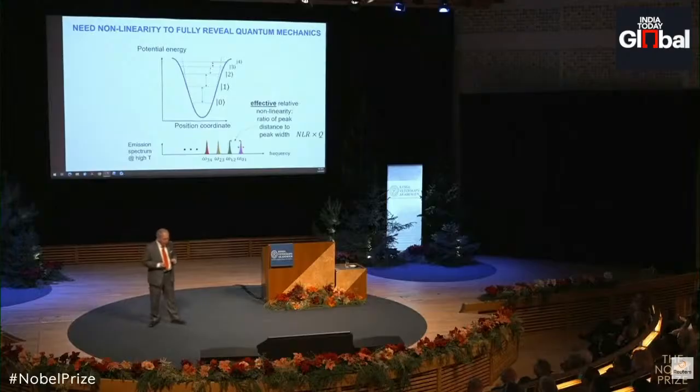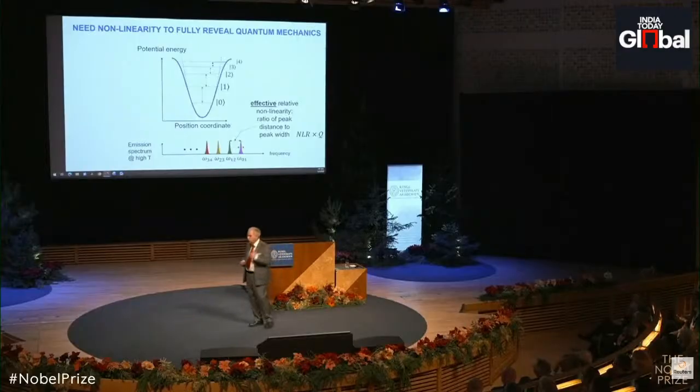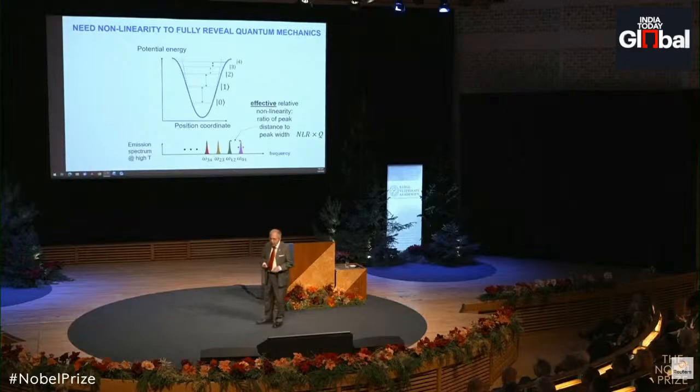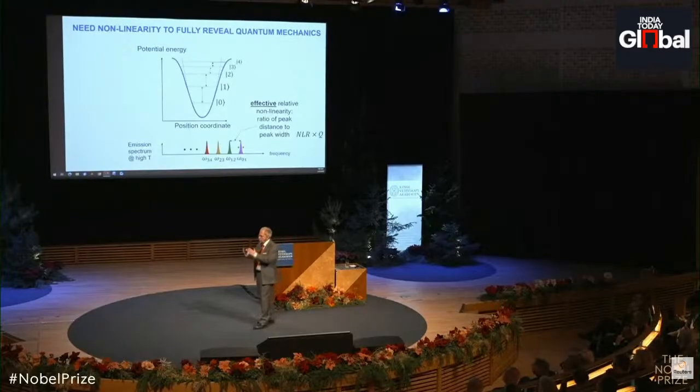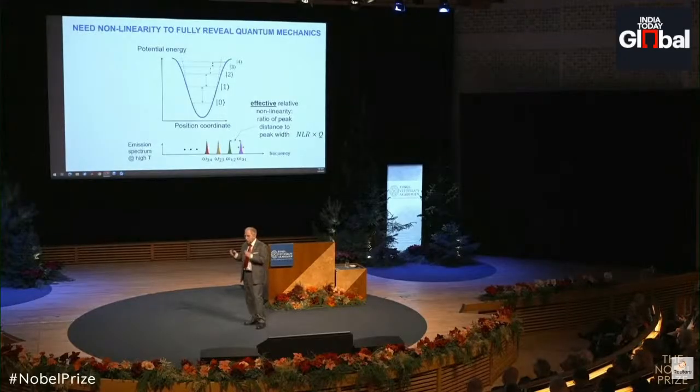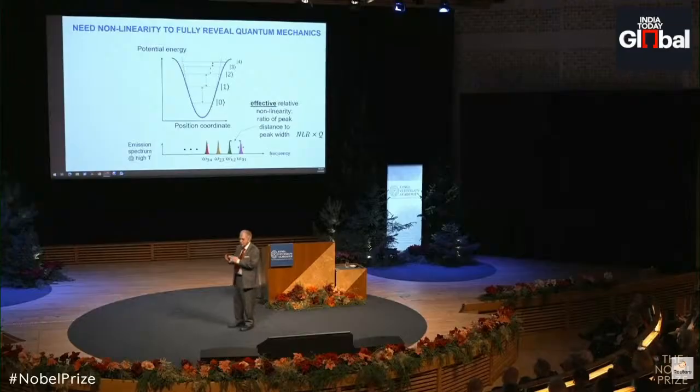Now, there is something that really will determine how good the quality of your manipulation will be. If you want to control the system, to manipulate it, there is something very important that you have to observe. You want nonlinearity, you want these lines to be separated, but friction is important, because what counts is the relative distance of two transitions relative to the width.